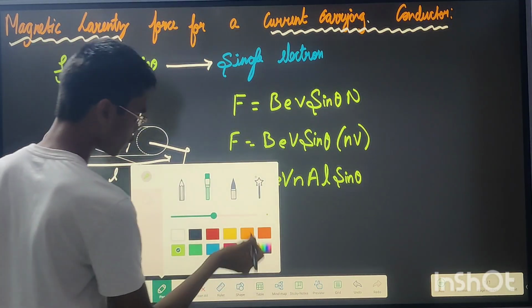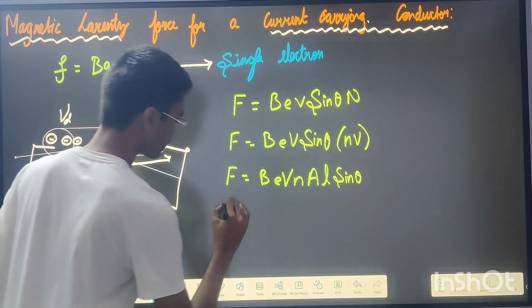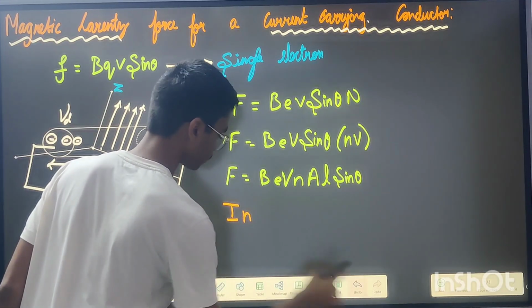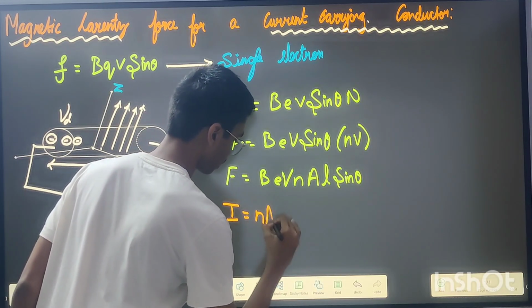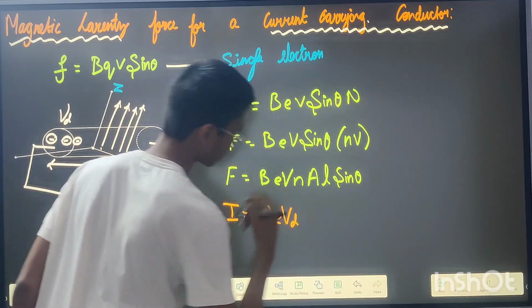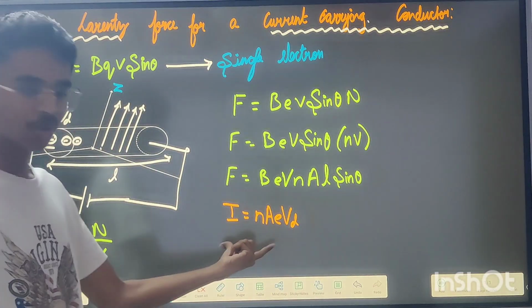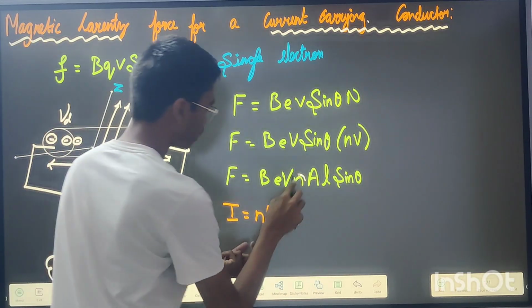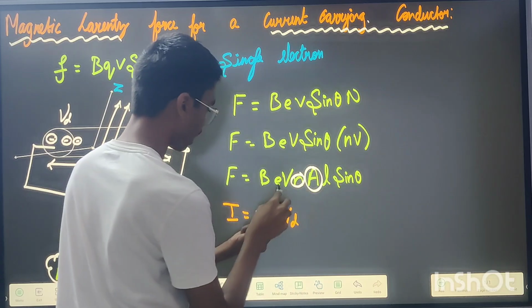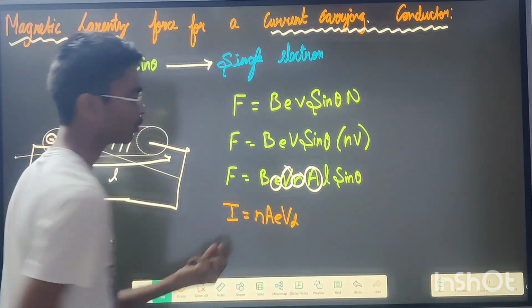Okay, so we know this one mighty formula, that is I is equal to n A e v. I also said this one shortcut. So you have n, you have A, you have e, you have velocity.